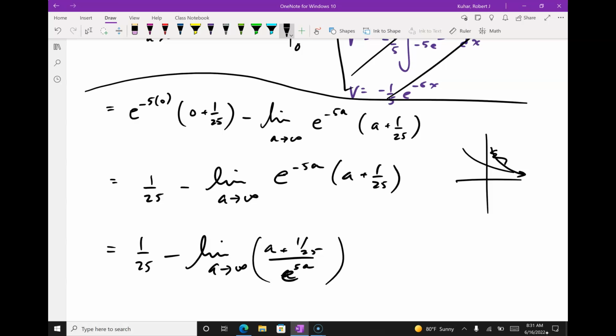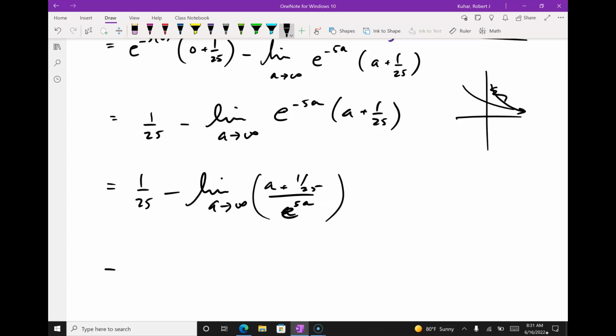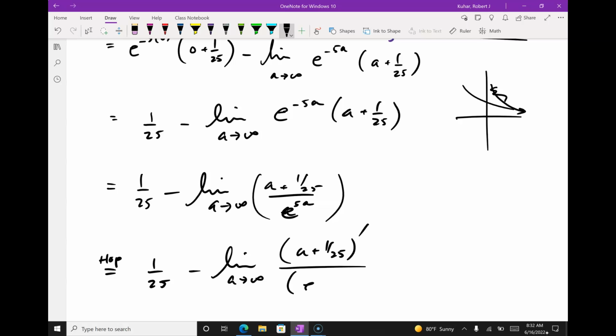Do you agree with that? As a goes to infinity, a plus 1/25 is still infinite. E to the 5a is an increasing function. It goes to infinity. So I have infinity over infinity. That's what I want for L'Hopital's rule, right? So I'll say L'Hopital: limit as a goes to infinity of the derivative over the derivative.